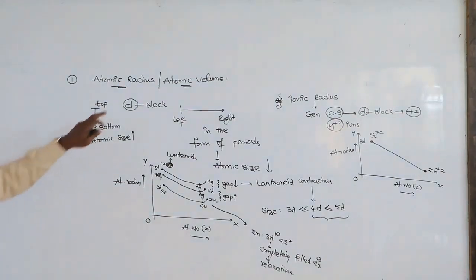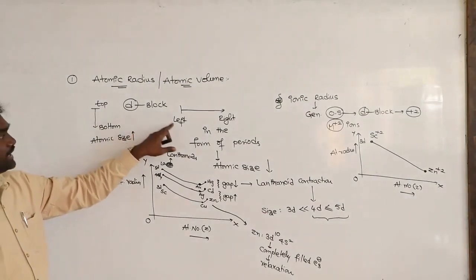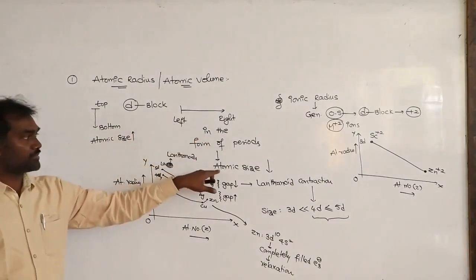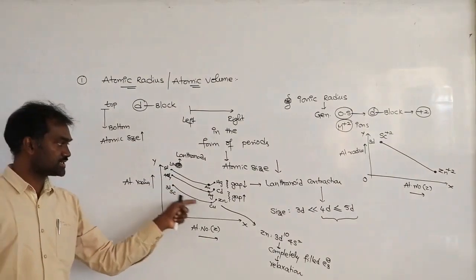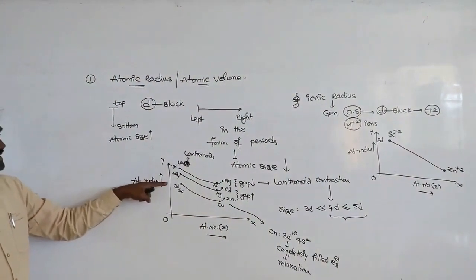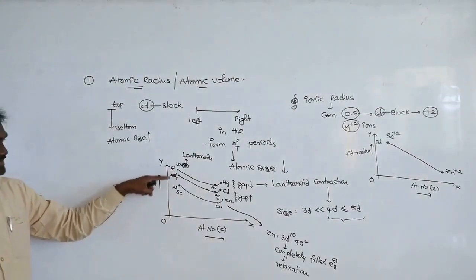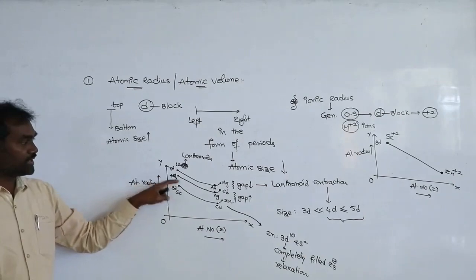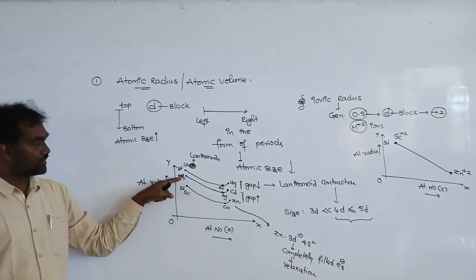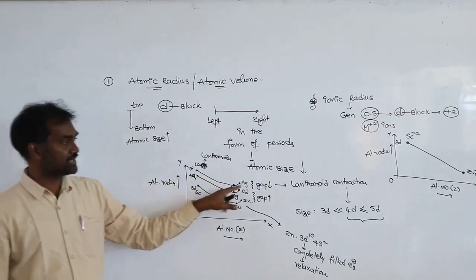The same applies to atomic radius and atomic volume. First of all, left to right in the period atomic size decreases. Next, top to bottom in the group atomic size increases. So 3d to 4d increases, 4d to 5d increases. But the 3d to 4d gap is large, while the 4d to 5d gap is small. Why is it small?